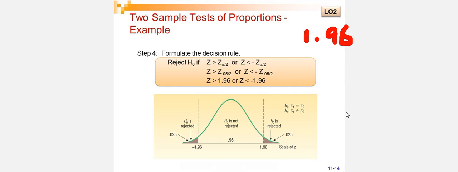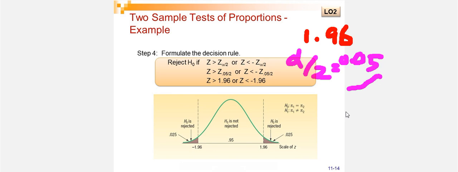Okay. Alpha divided by 2, they mean 0.05 divided by 2. What you get?